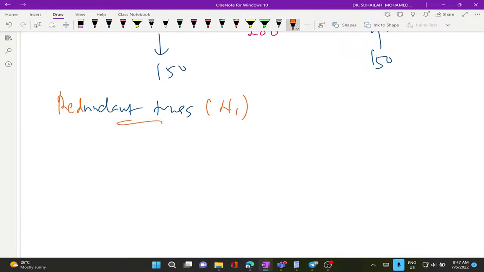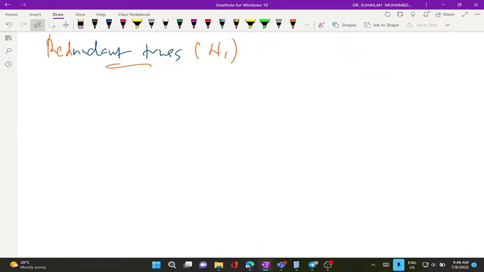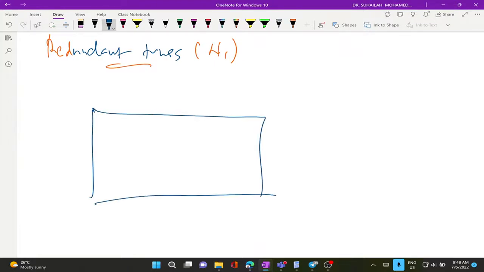The member force is redundant: force in member AC is redundant. So we have to put a unit value of FAC like this.